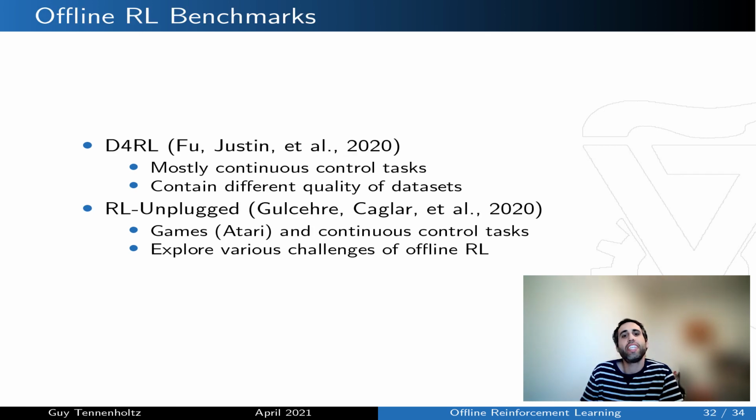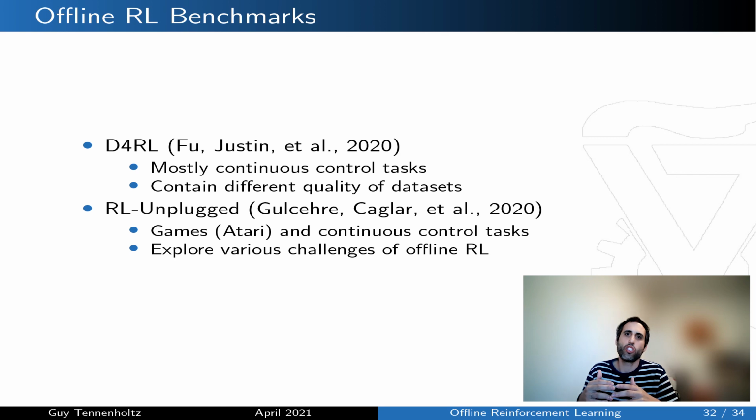Now that we have seen a couple of recent algorithms for solving offline RL problems, we're left with the question of how to evaluate our algorithm. There are currently two central data sets for evaluating offline RL algorithms. The first is D4RL, datasets for RL, and mostly contains continuous control tasks, but also tasks with varying quality of data sets.